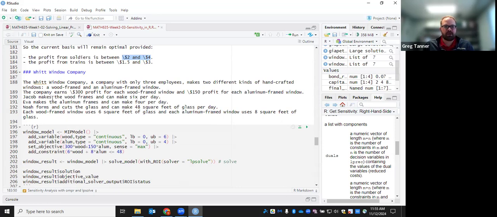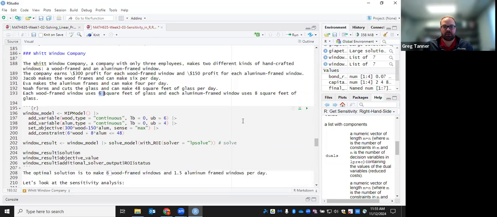We're limited on labor on how many wood windows we can make, up to 6 a day, and aluminum we can make up to 4 per day. And then we also have a limited resource of glass of 48 square feet. It takes 6 for wood framed windows and 8 for aluminum framed windows.